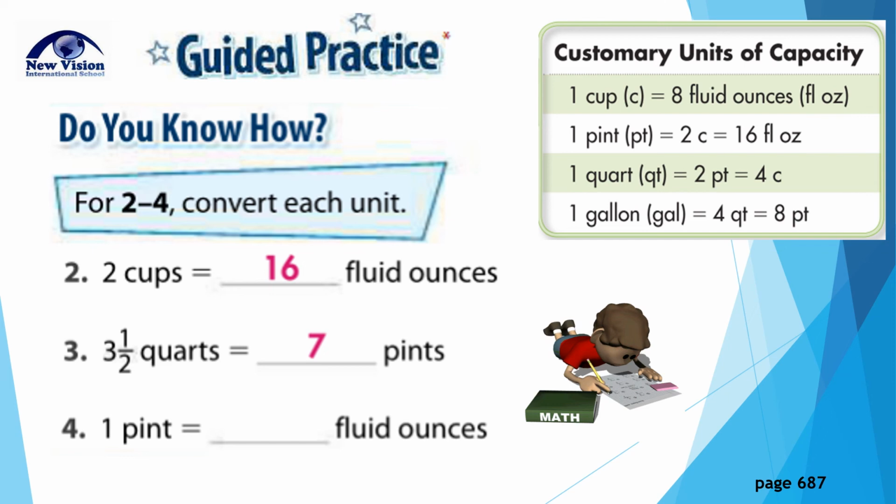Number 4. 1 pint, how many fluid ounces? Since in 1 pint there are 16 fluid ounces, we just multiply 1 by 16. So easy. The answer is 16. Great job! 16 fluid ounces in 1 pint.